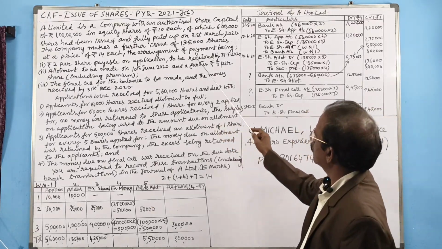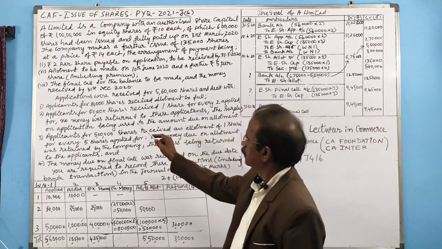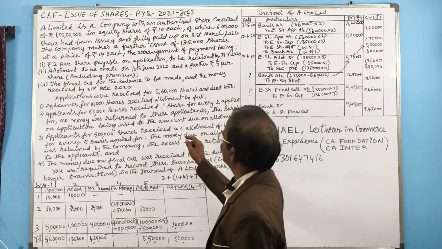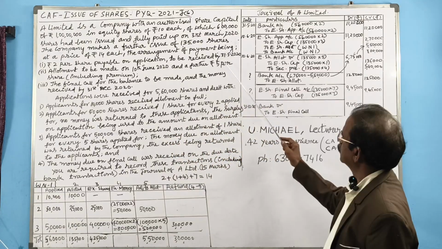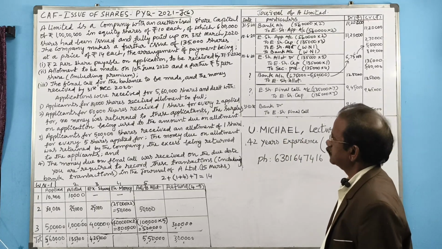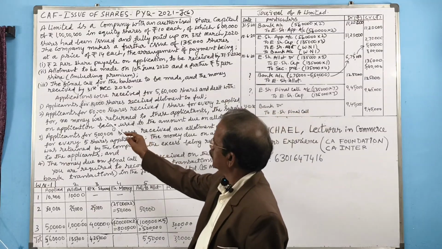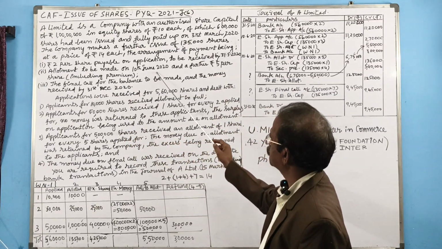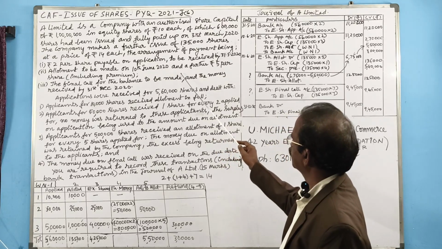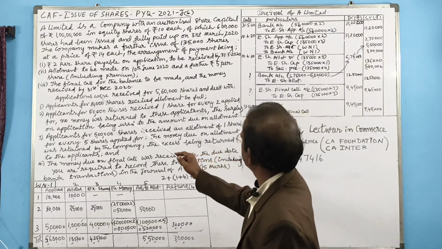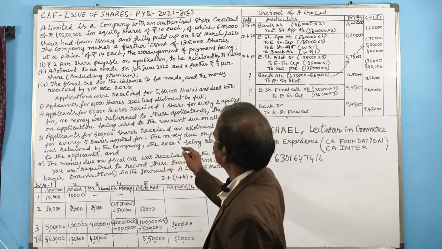The arrangement of payment is: first point, 2 rupees per share payable on application, to be received by 31st May 2020. Second point, allotment to be made on 10th June 2020 and a further rupees 5 per share including premium.